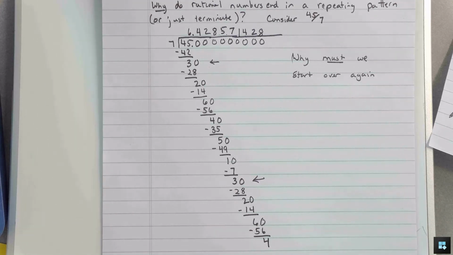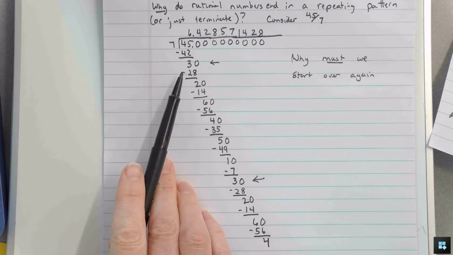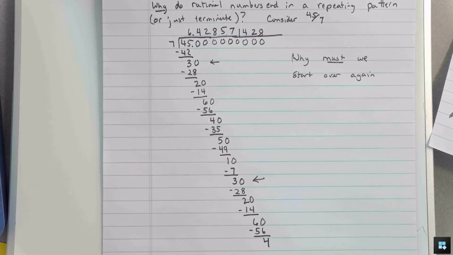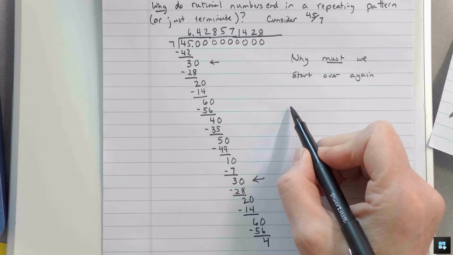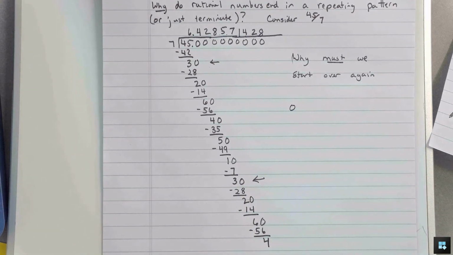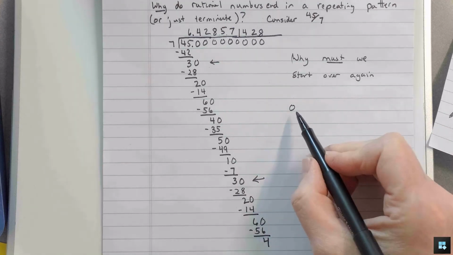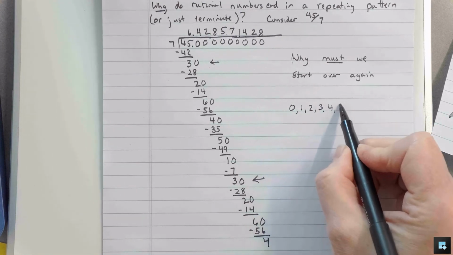Okay, so as you're doing your long division and you're subtracting, what are the possible numbers you could get as you're doing the subtracting when you divide by 7? What are they? You could get a 0. If you got a 0, you'd be done, right? Okay. If you get a 1 or 2 or 3 or 4 or 5 or 6.